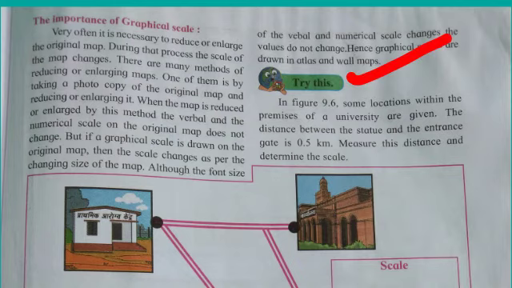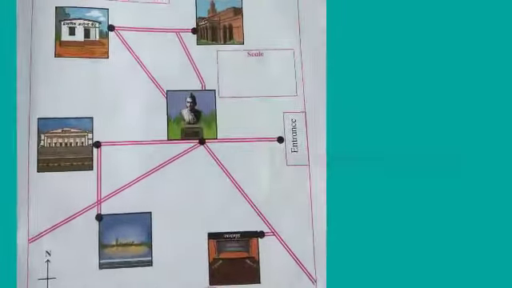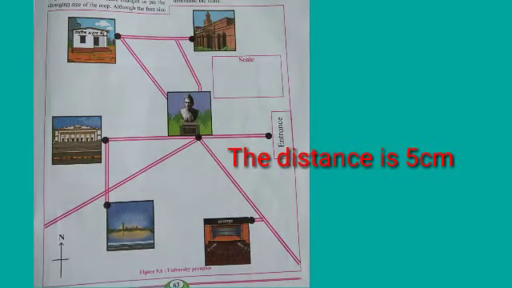Our next activity is try this. In figure 9.6, some locations within the premises of a university are given. The distance between the statue and the entrance gate is 0.5 km. Measure this distance and determine the scale. If we measure the distance between the statue and the entrance gate with the help of a scale, then we can find that it is 5 cm.